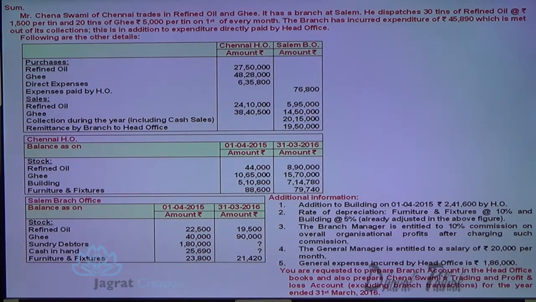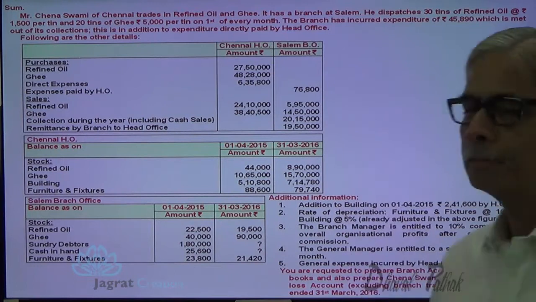After charging such commission, the general manager is entitled to a salary of 20,000 per month. General expenses incurred by HO is 1,86,000. You are required to prepare branch account and the head office books, and also prepare trading and profit and loss account excluding branch transactions for the year ended on 31st of March 2016.